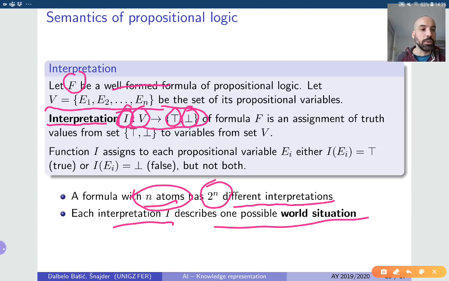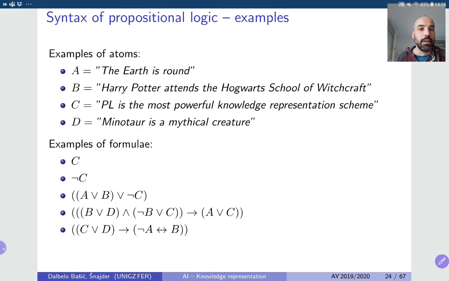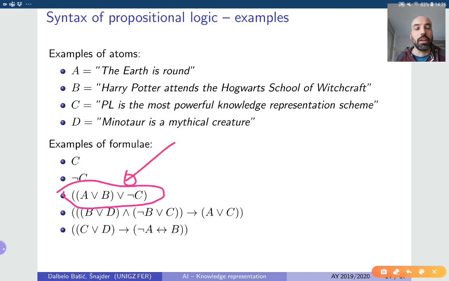Let's go back to the example that we had here. So, this is my formula here. There are 3 variables here, so there are going to be 2 to the power of 3, which is 8 different interpretations. And in one of these interpretations, A can be true, B can be false, and C can be true, for example.